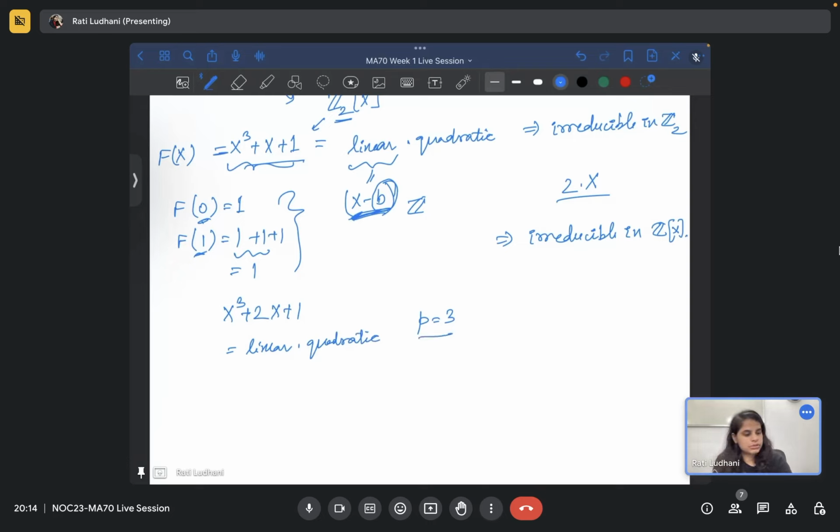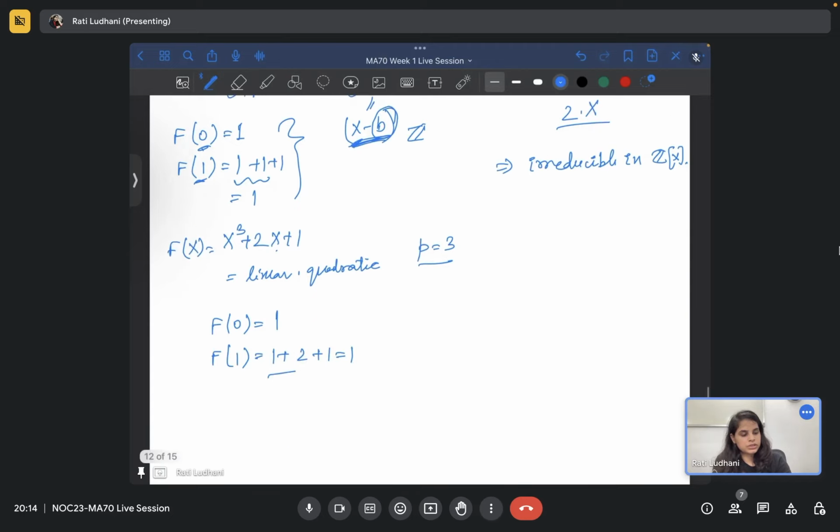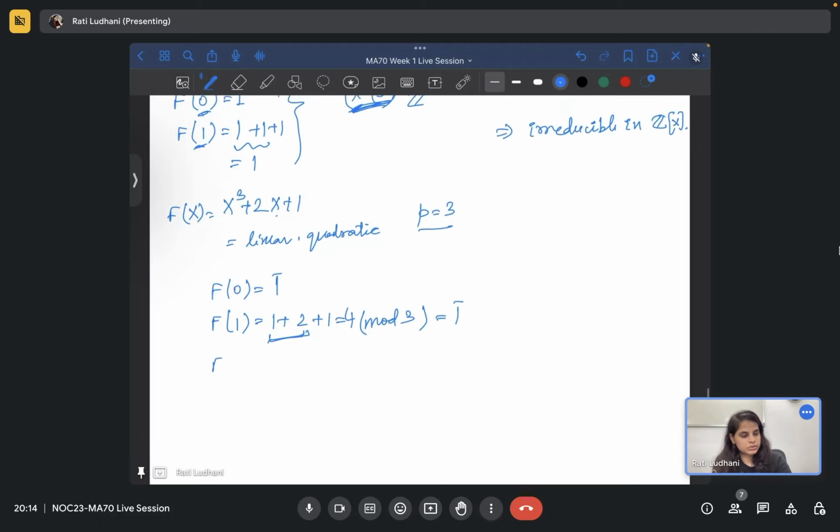Let's try it out. If I say this is f(x), then f(0) is equal to 1. f(1) is equal to 1 plus 2 plus 1, that is 4, and modulo 3 that is 1. We are working in mod 3 right now, so no issues.